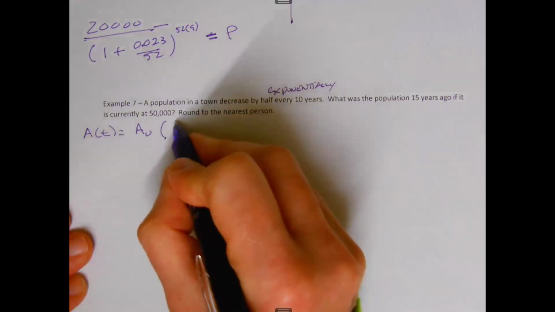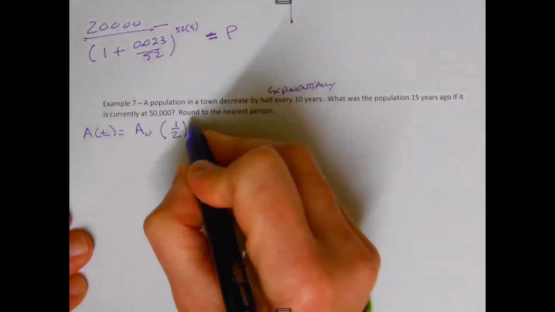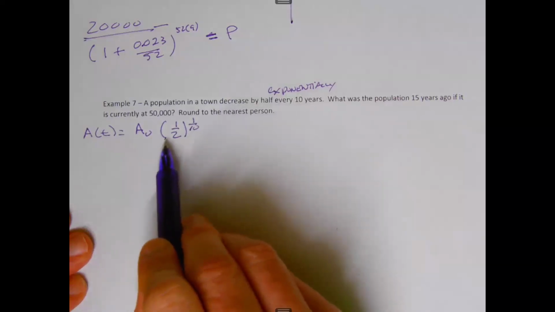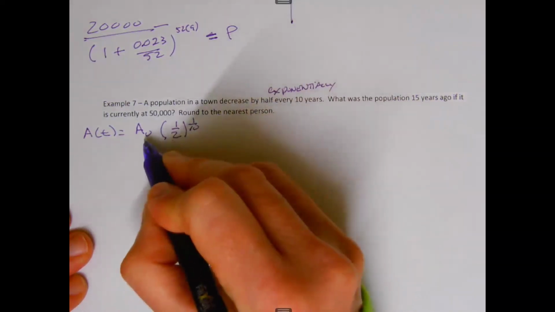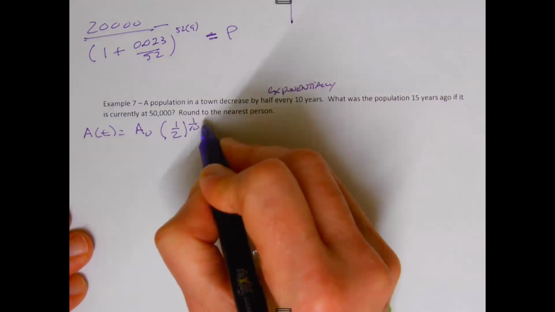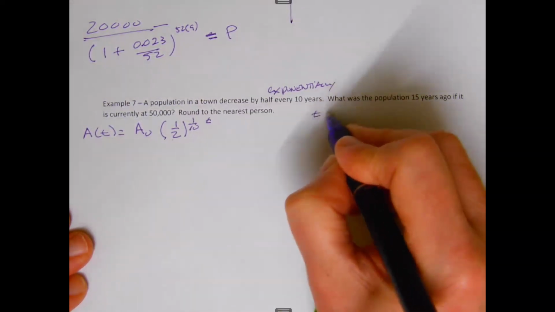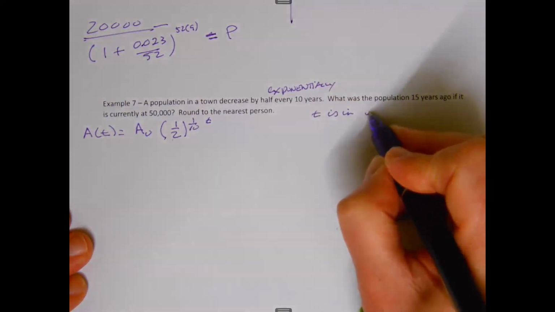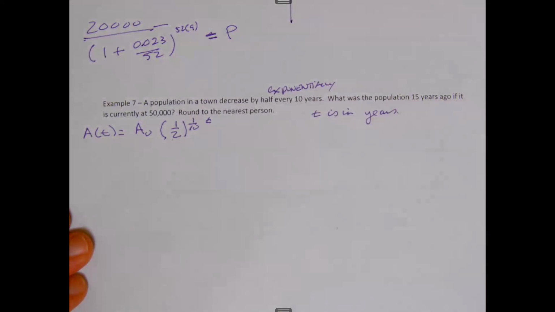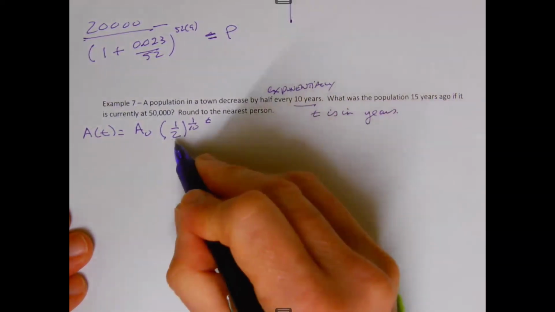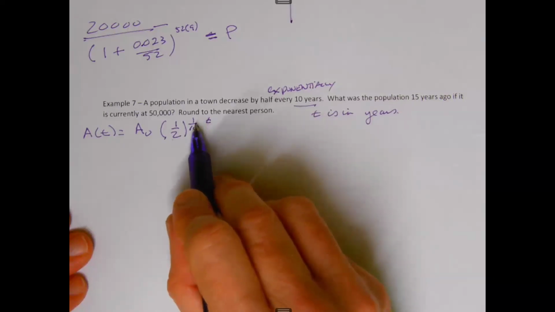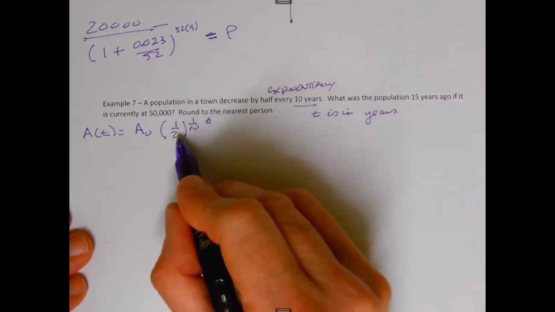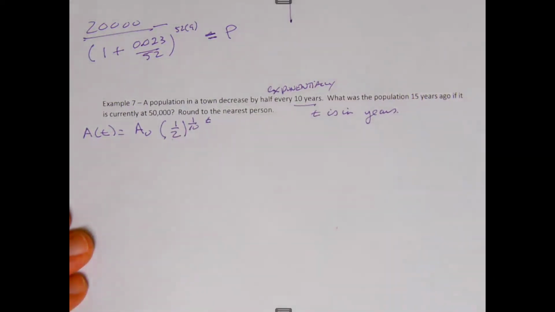And I know that it reduces by half every 10 years, so I can only apply half of this amount every 10 years. t is in years, because that's the information I have. Notice that when t equals 10, 10 times 1/10 is 1, and that's the first time I get to use half that amount. Okay, there's my formula.